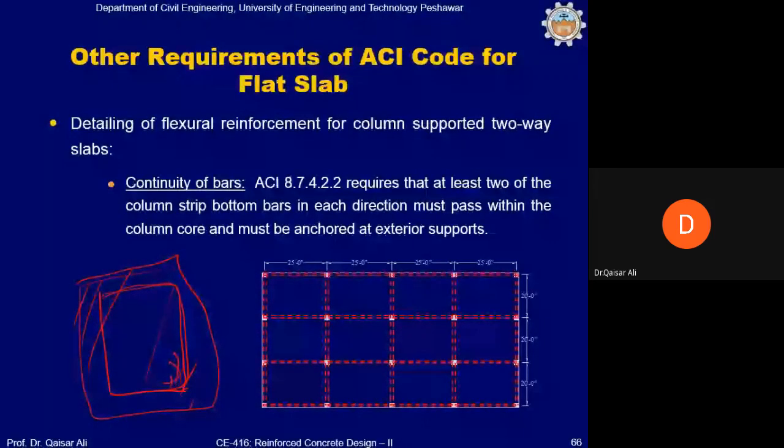So out of the total column strip reinforcement, 2 bars will be placed such that they pass through the column core in this manner, as shown in this slide. And the remaining bars will be placed according to the spacing requirement which has been obtained from the design.